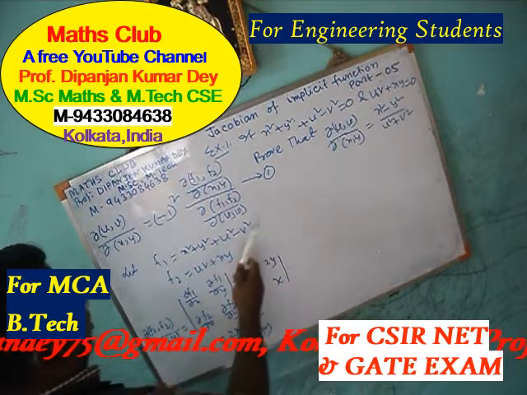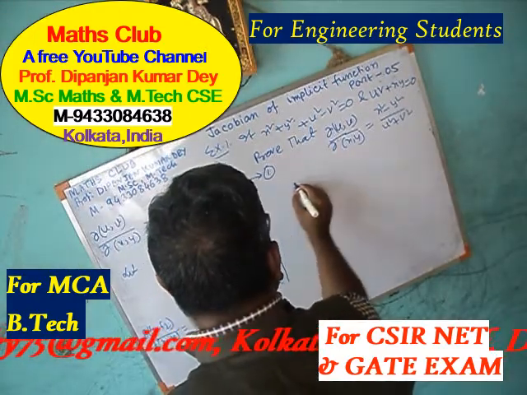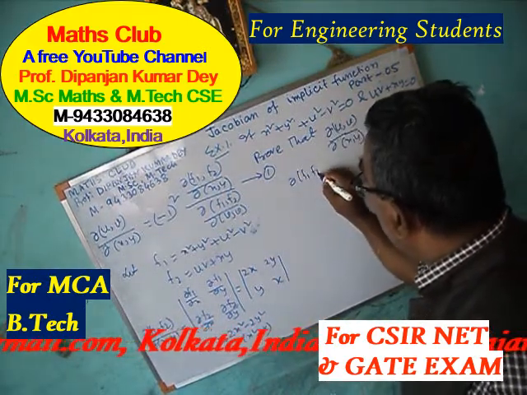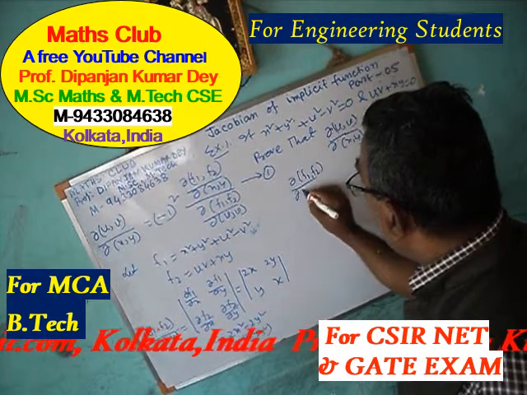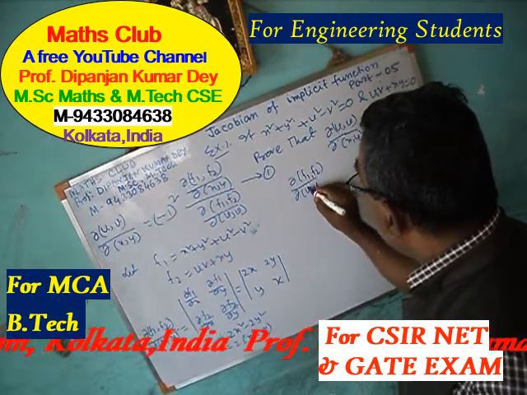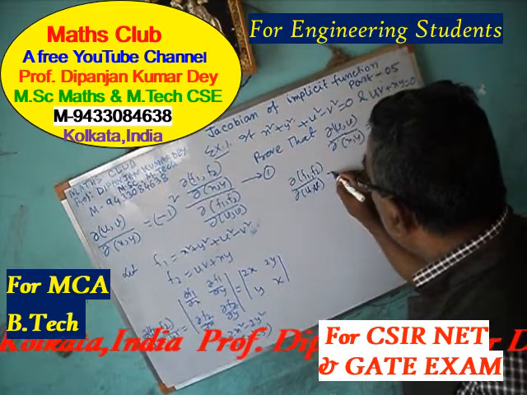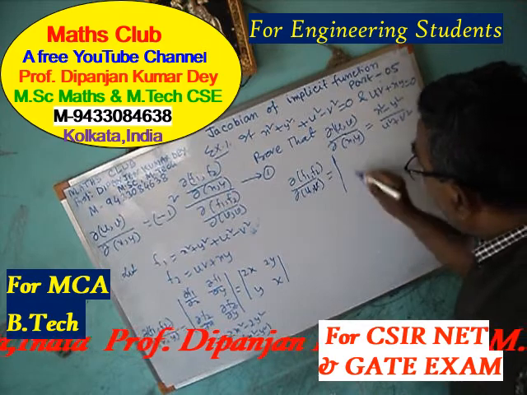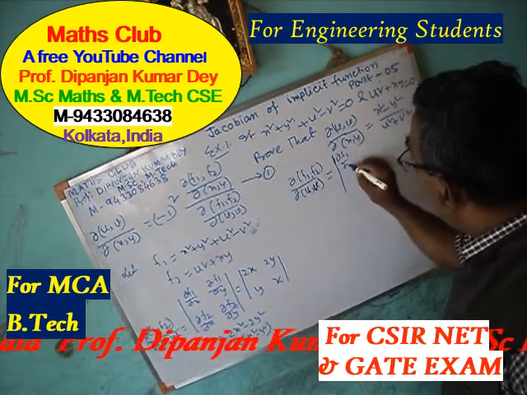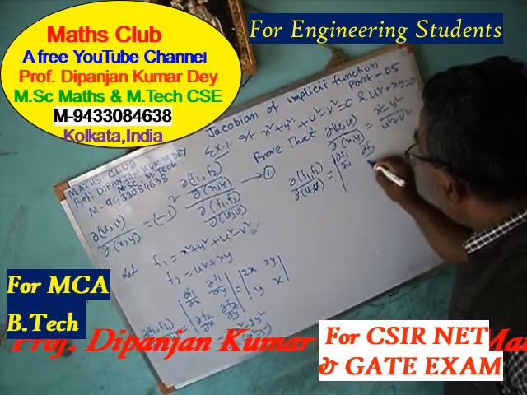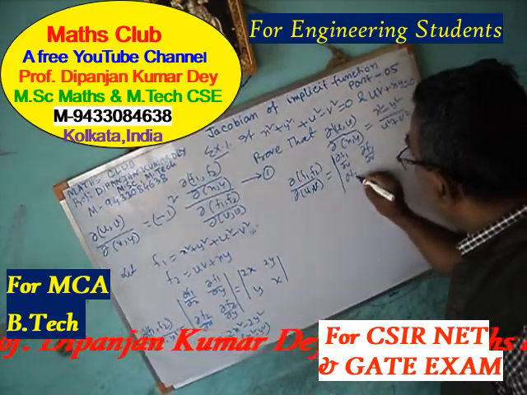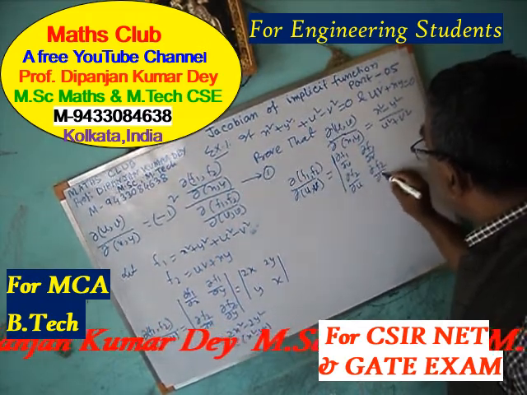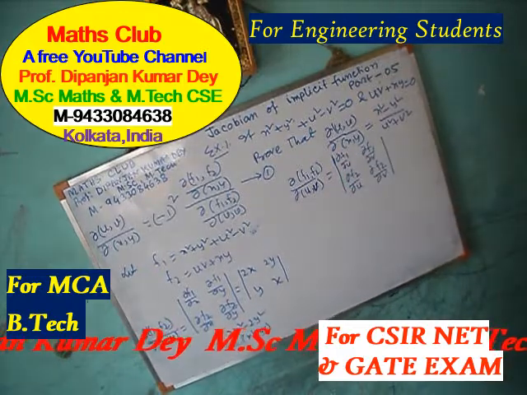Okay, now the denominator part, del(f1,f2) by del(u,v). The formula is the determinant of del f1 by del u, del f1 by del v, del f2 by del u, del f2 by del v. This is from the definition of Jacobian.